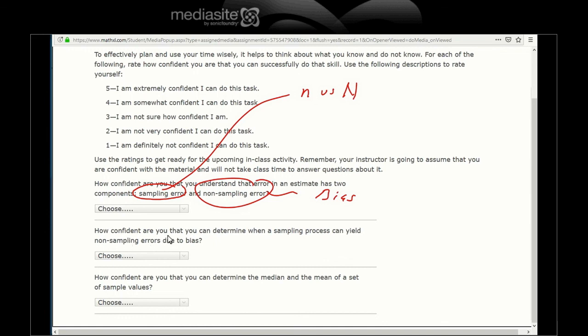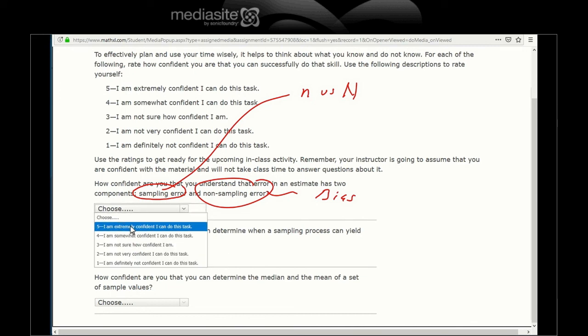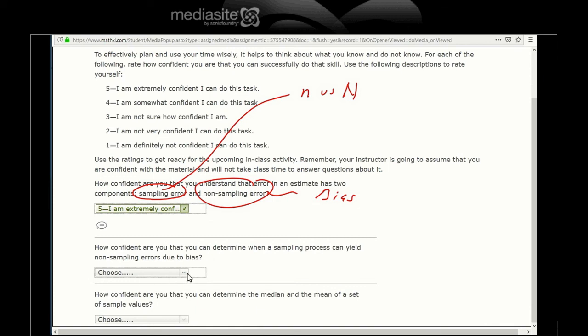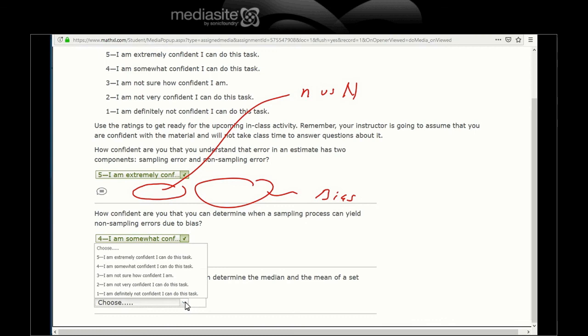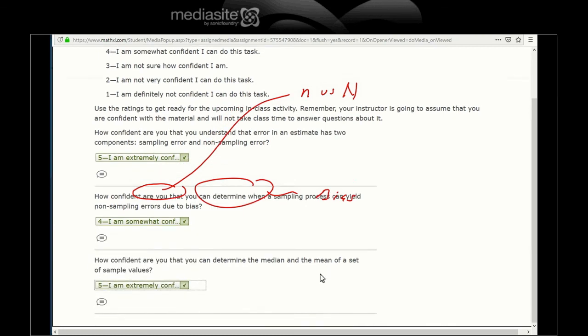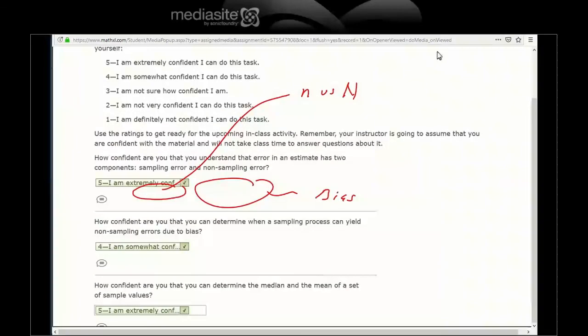How confident are you that you can determine when a sampling process can cause non-sampling errors due to bias? Pretty much confident. Somewhat confident. And to determine mean and median, I'm good at that one. So should you.